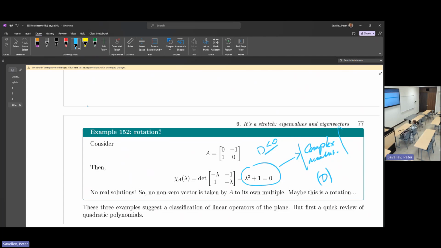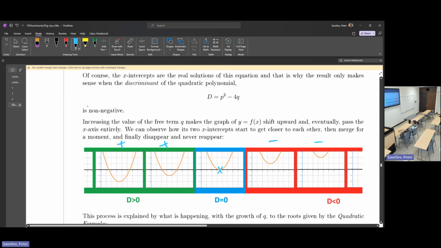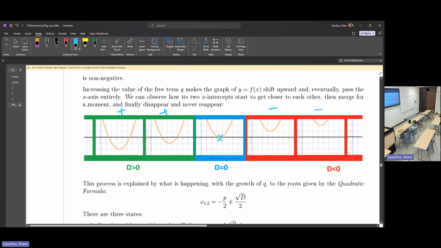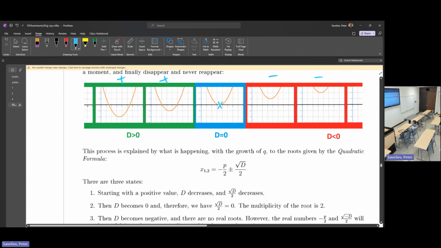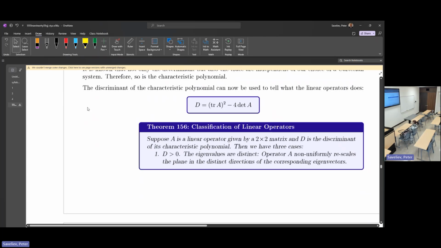If there are no lambdas as solutions to this equation, then there are no eigenvalues, which means that it is a rotation. The quadratic polynomial might have 2, 1, or no x-intercepts, and that's exactly what we're talking about here. I'll skip this, and this is the classification.